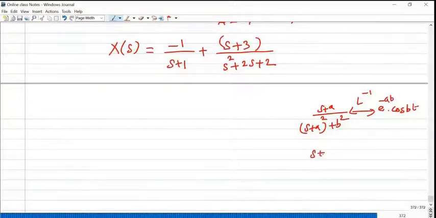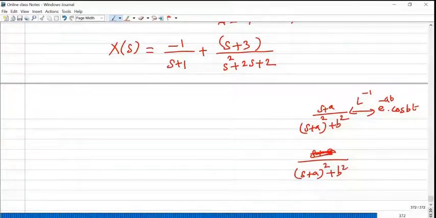And b divided by s plus a whole square plus b square, the inverse Laplace transform result is e power minus at sin bt.